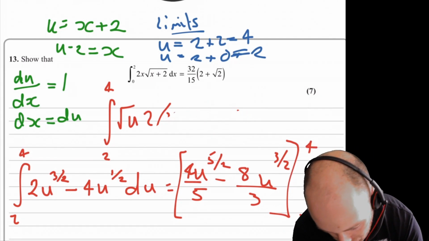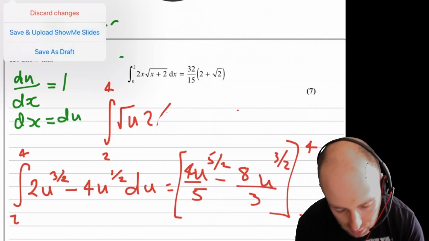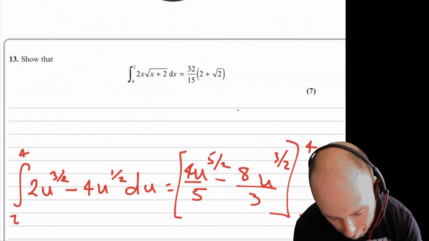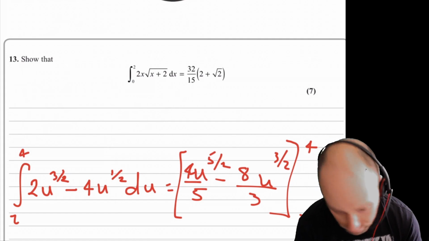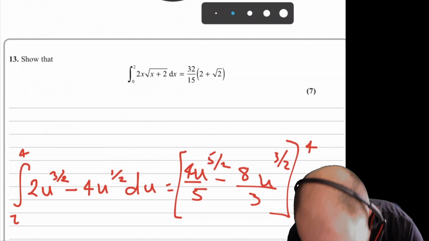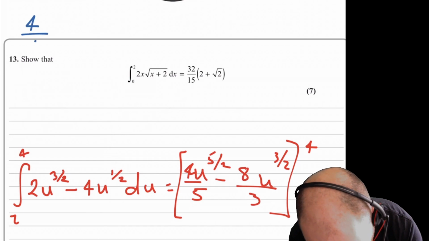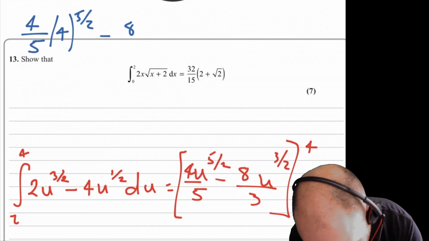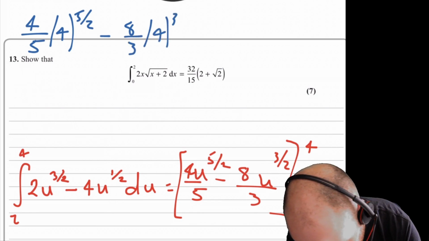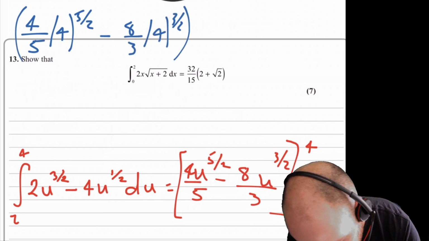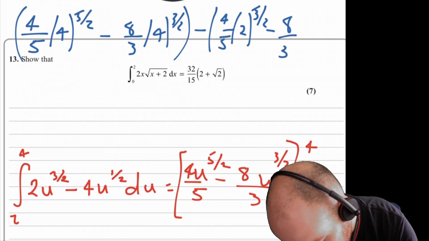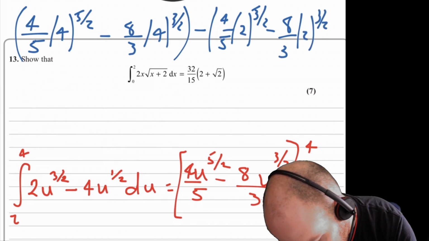Put the limits in, clear some space. So we'll get 4/5, 4 to the 5 over 2, minus 8/3, 4 to the 3 over 2. Take away 4/5, 2 to the 5 over 2, minus 8/3, 2 to the 3 over 2.